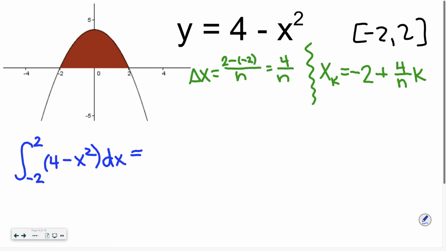Do you want me to do a numeric example to show you? Like if we had the interval from 3 to 4, and our delta x was 1/4.